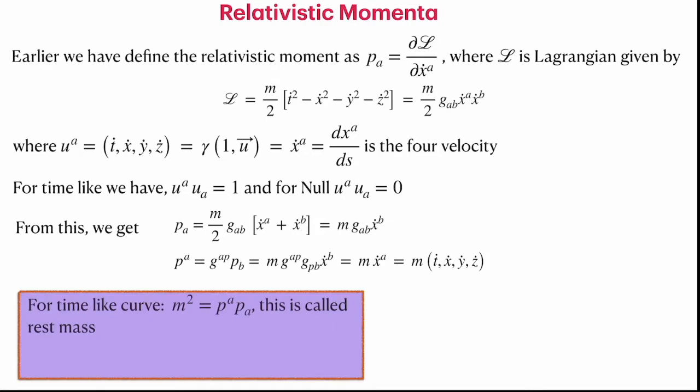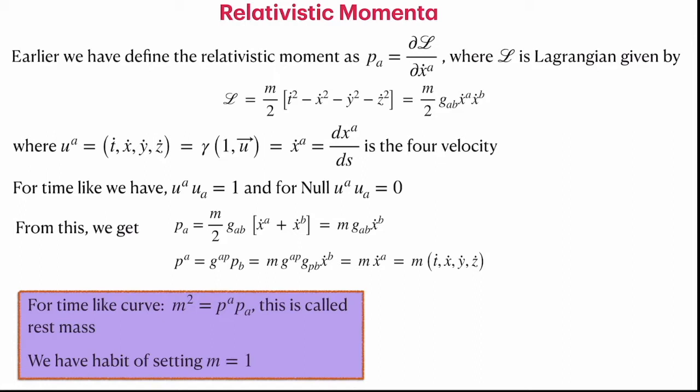Now, for a time-like curve, we have m² given by p·p, that is what we call the dot product, and that is called the rest mass of the particle. Often we have a habit of setting the rest mass of a particle to 1, but however at some stage, if it is important, we need to keep it.